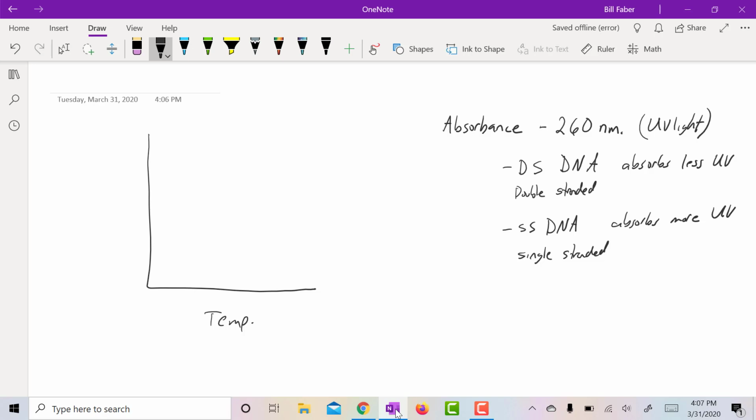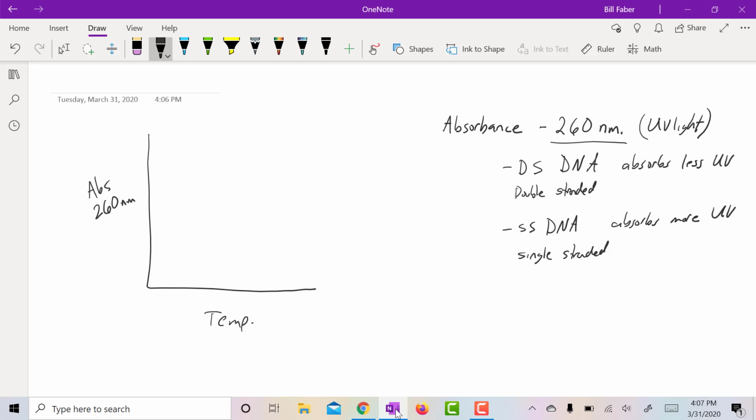And I'm talking about this particular frequency of 260. And the reason that is true is because it's those purines and pyrimidines that are picking up and absorbing that UV. And in a double helix, that's sort of, I guess, shielded from absorbing the light. So we measure the absorbance at 260 nanometers.